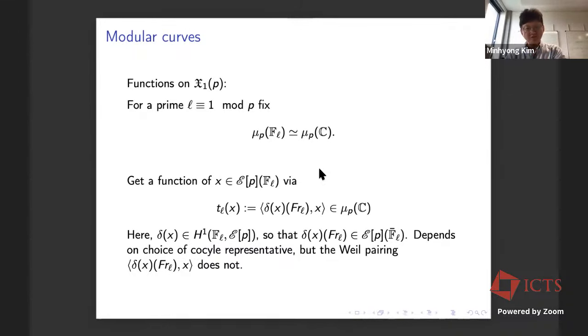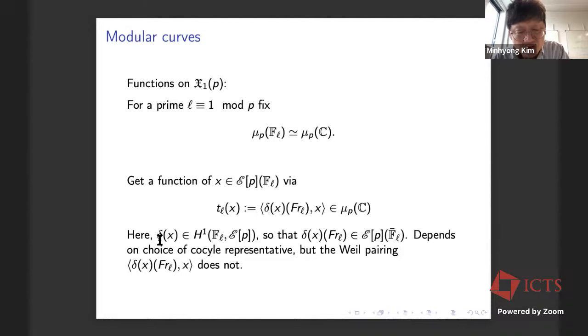Now here's a local function on X_1(p). Given an elliptic curve E and a p-torsion point, I can compute this quantity. Let me explain. If I take the point and reduce mod ℓ, then that's a rational point, but I can take its Bockstein under the map from E[p] to E[p²] to E[p].